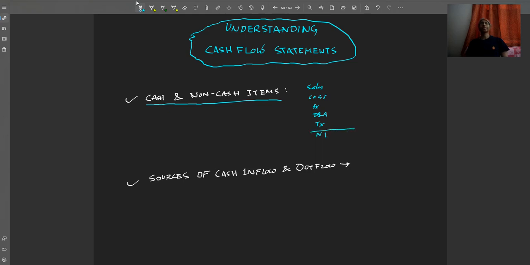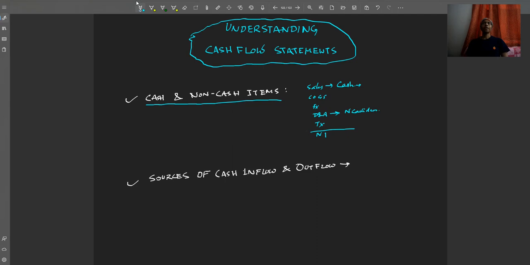Items proceed like this. Now from these, certain elements like sales actually represent cash, right? On the other hand, depreciation and amortization is basically a non-cash item.